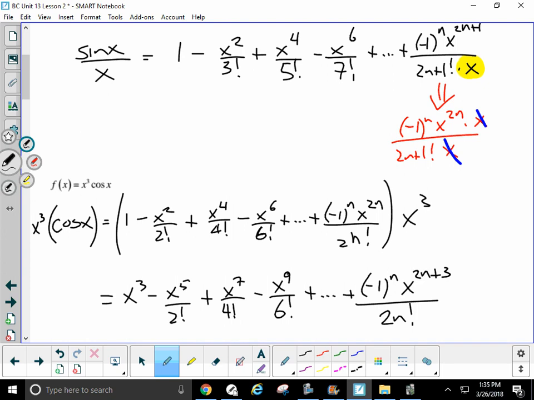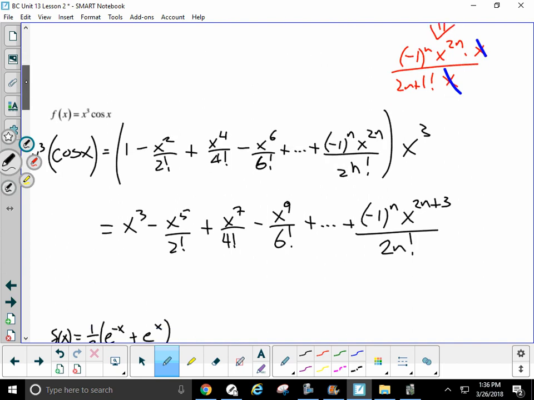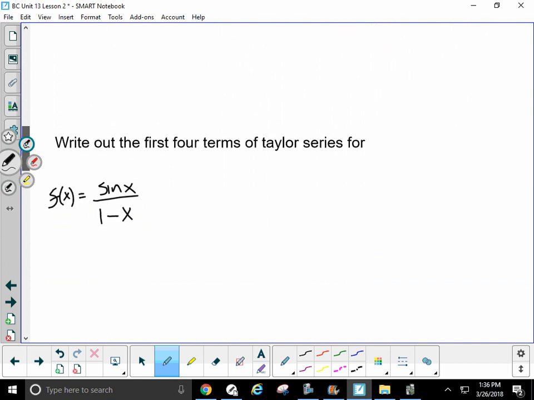I wrote x to the 2n plus 3 because I just combined the x to the 2n times x cubed. Using your exponent properties, boom, you can write it as x to the 2n plus 3. Good so far. Okay, so compositions, multiplying things together, all can be done simply because of the equality of sine, cosine, e to the x and their Maclaurin series.